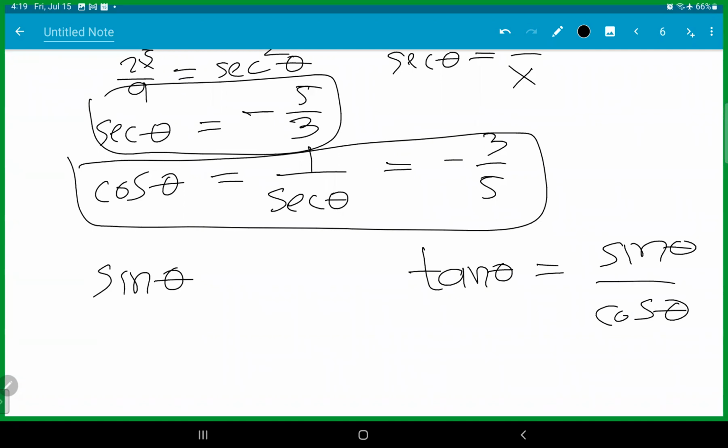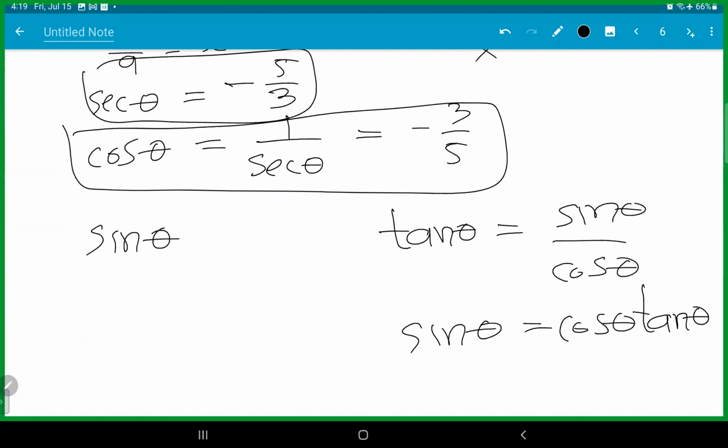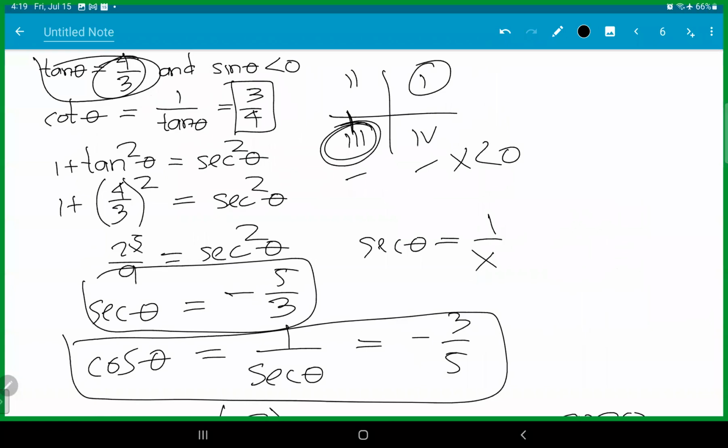Kasi pag dinivide mo yung sine and cosine, di ba tangent yun? So you can get sine theta by multiplying cosine theta and tangent theta. And you know already cosine theta. And then binigay yung tangent theta kanina. Given siya, 4 over 3.